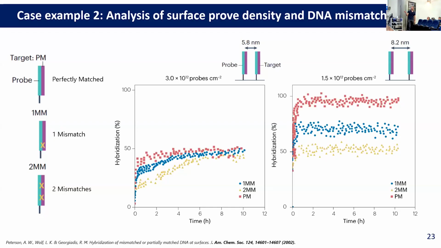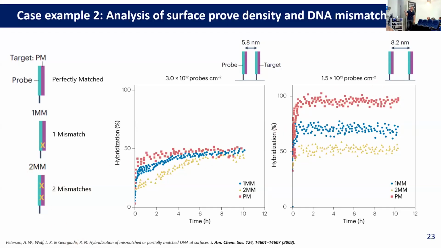For the ones with low density, they saw the expected results. So the perfectly matched sequences were having much higher affinity than the ones with 1 mismatch or 2 mismatches.